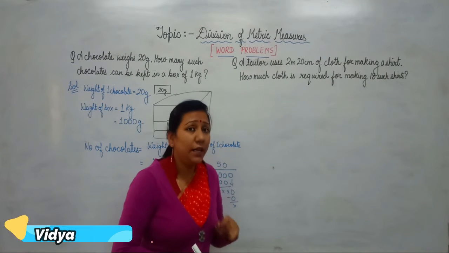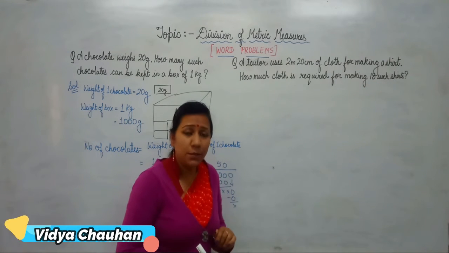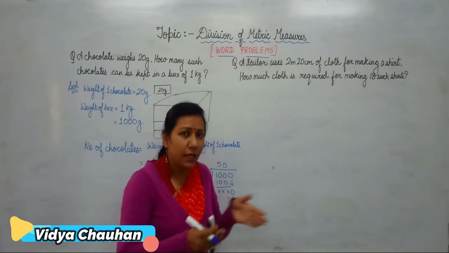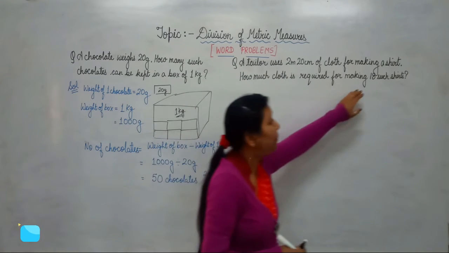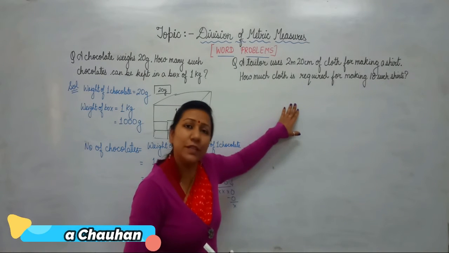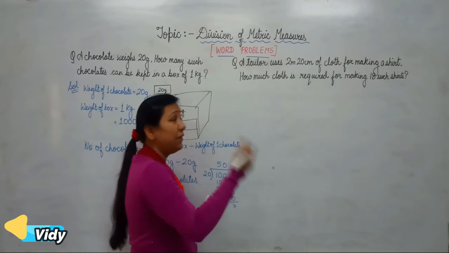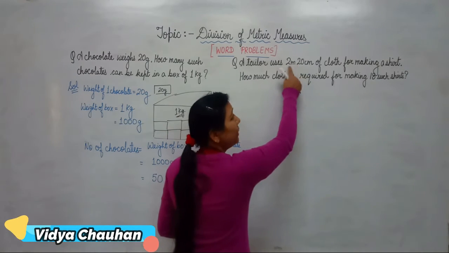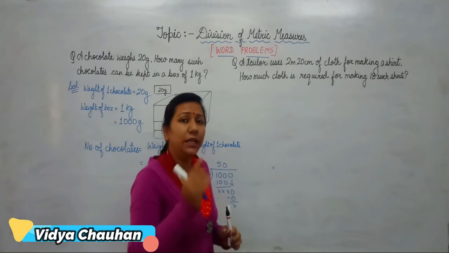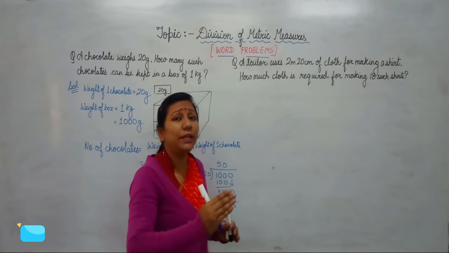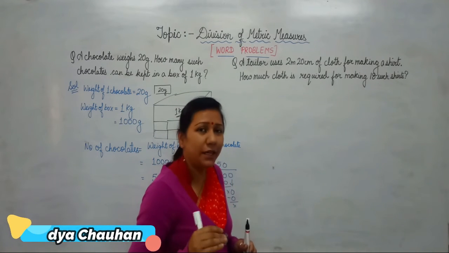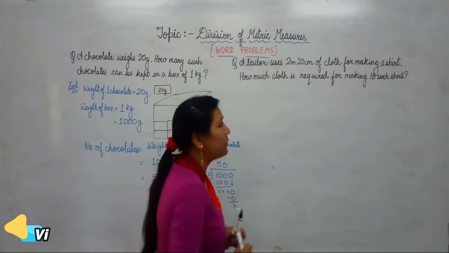So if the tailor needs 2 meter and 20 centimeter of cloth for one shirt, then how much length of cloth does he need to make 18 such shirts? That means 18 shirts of the same type. For every shirt he needs 2 meter and 20 centimeter, so for 18 shirts also he needs 2 meter 20 centimeter repeatedly 18 times.